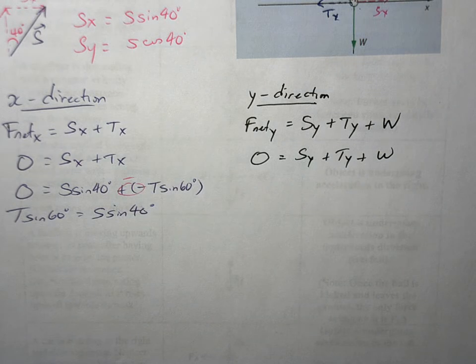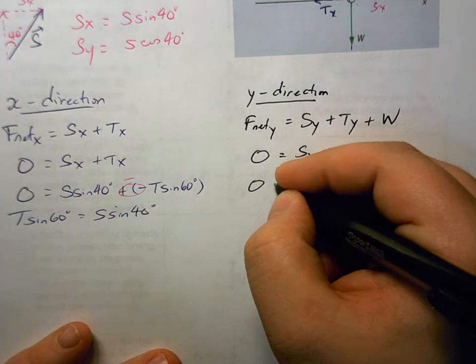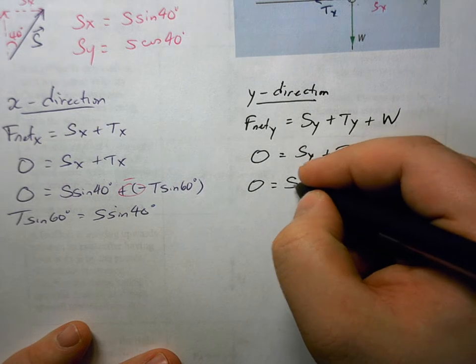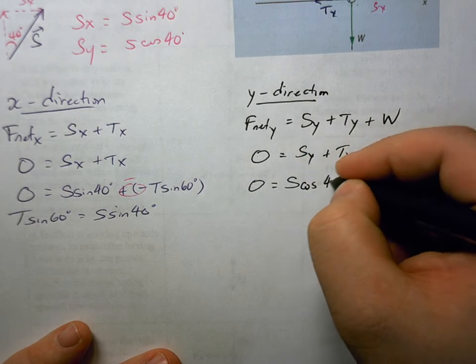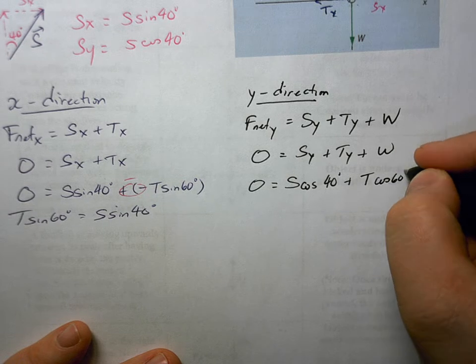So once again, I can substitute in what sy is and what ty is. Sy, I know, is s cos of 40 degrees. Ty is going to be t cos 60 degrees.